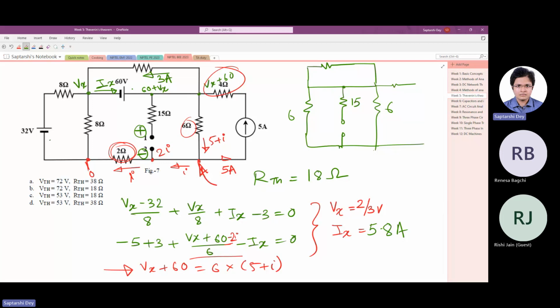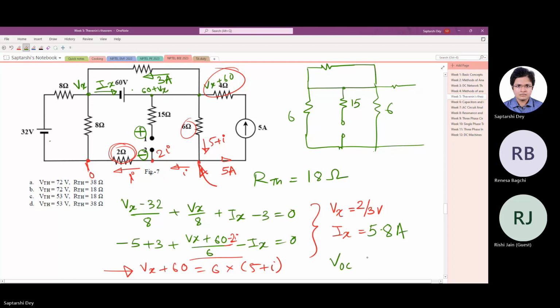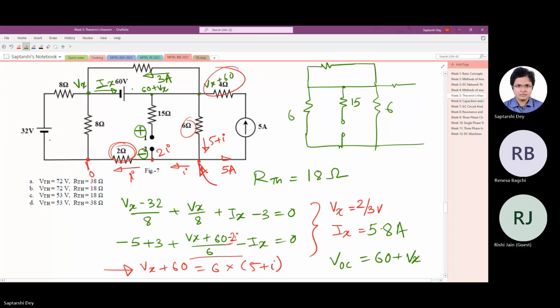Is it clear that 60 plus Vx will be the open circuit voltage? It will be 64.8.